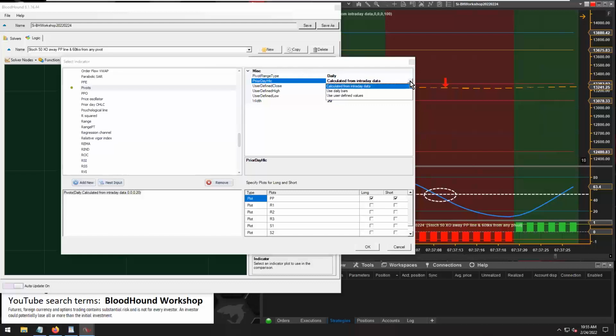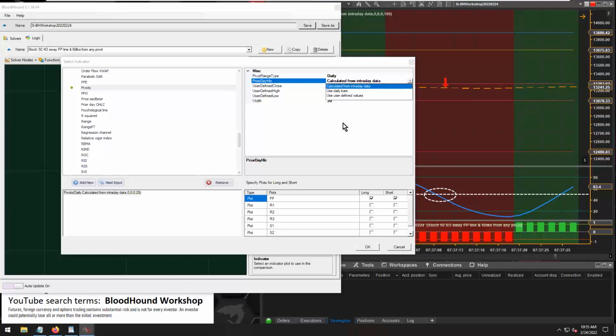I think though with NinjaTrader 8 they fixed that problem that Ninja 7 used to have, so you should be able to build it using daily bars, but I don't remember testing that.